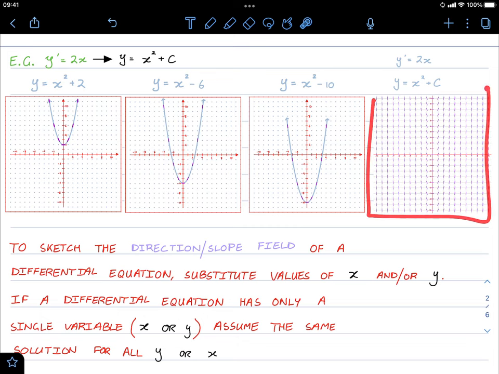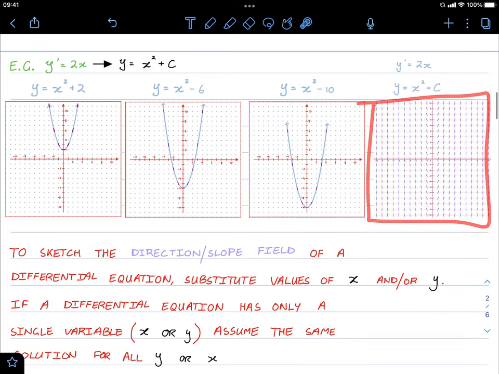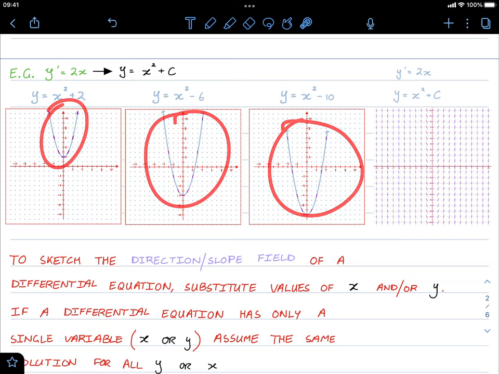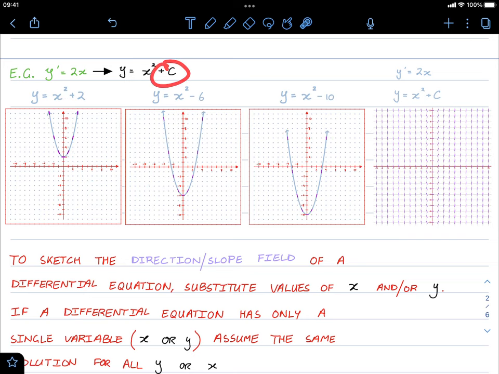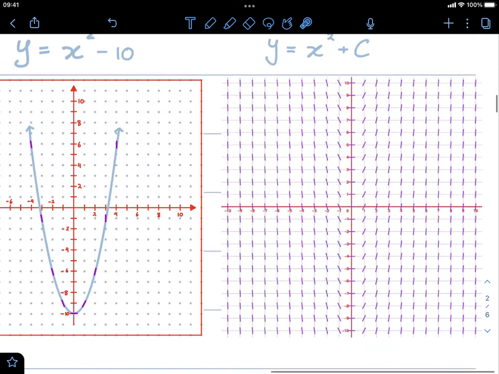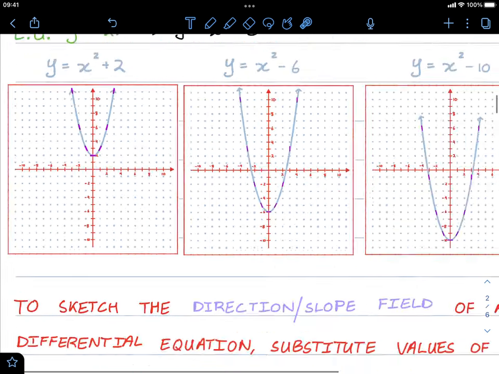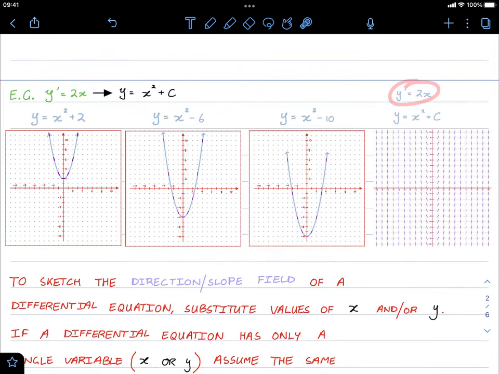We just learned that a slope field represents all the tangents for all possible values of c to the solution to this differential equation. So rather than guess what the possible solution plus c might be, we instead sketch all possible tangents to this differential equation.